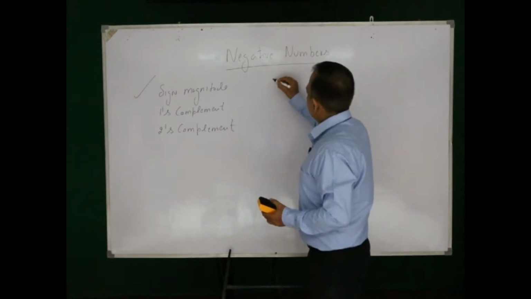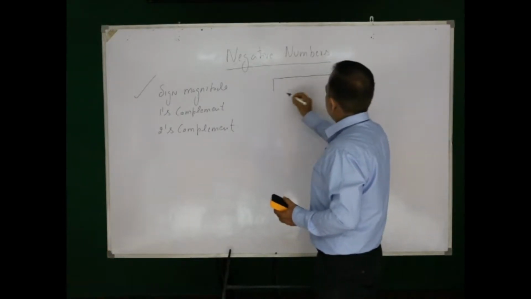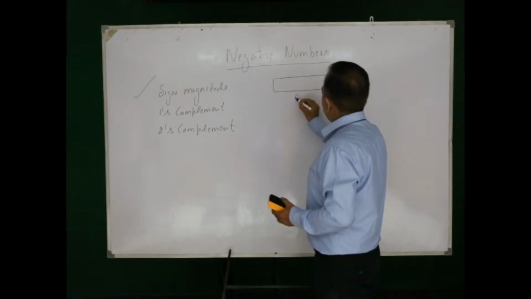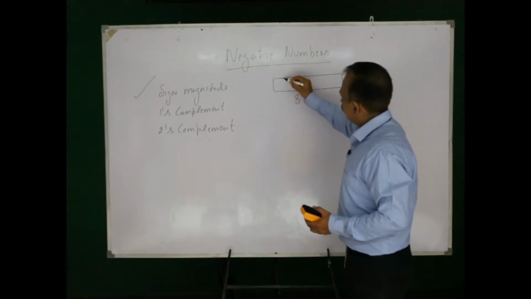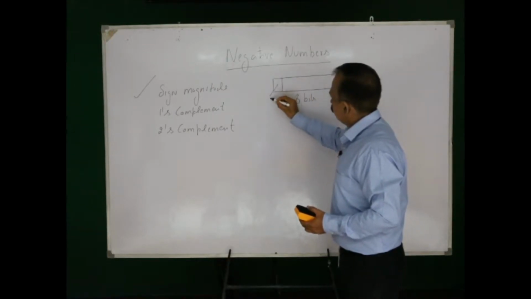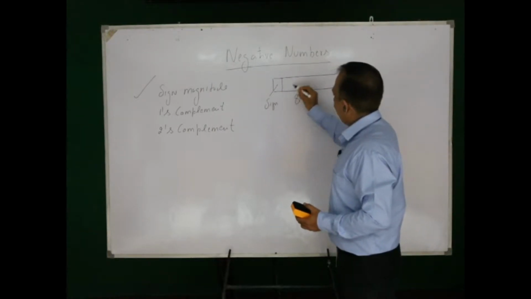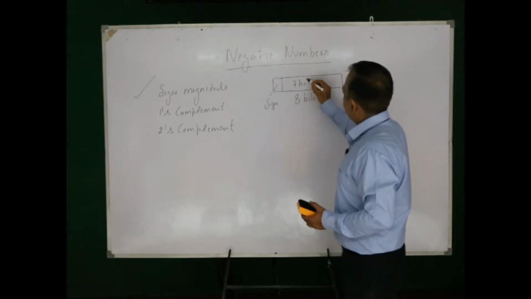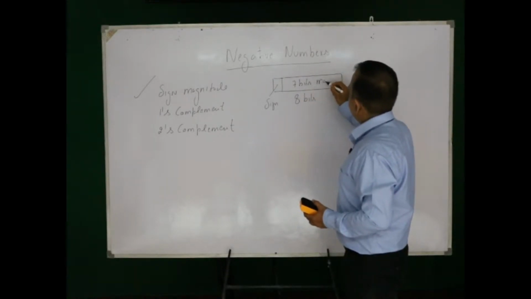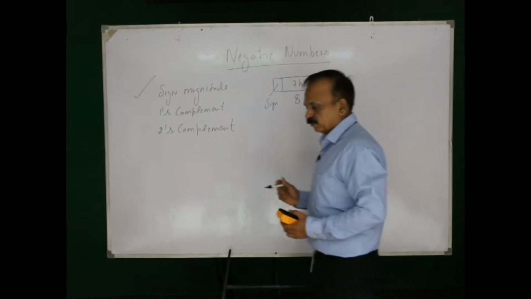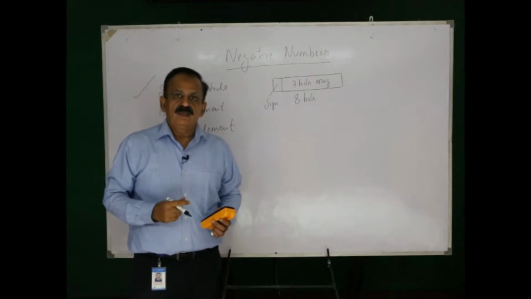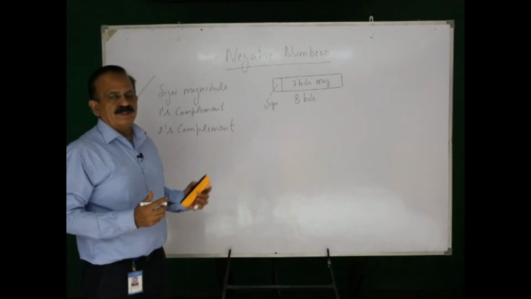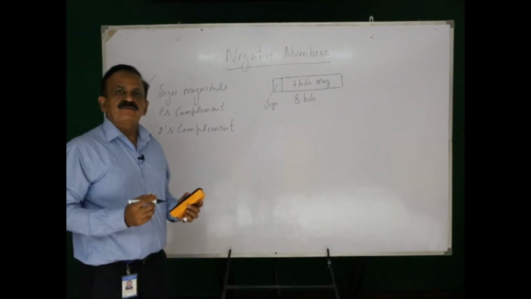Say we have a memory location that can store a number with 8 bits. Now, in this memory, the first bit will be used to represent the sign, and 7 bits will be representing the magnitude of the number. That is why this method is known as sign magnitude method. For example, I want to represent minus 15.